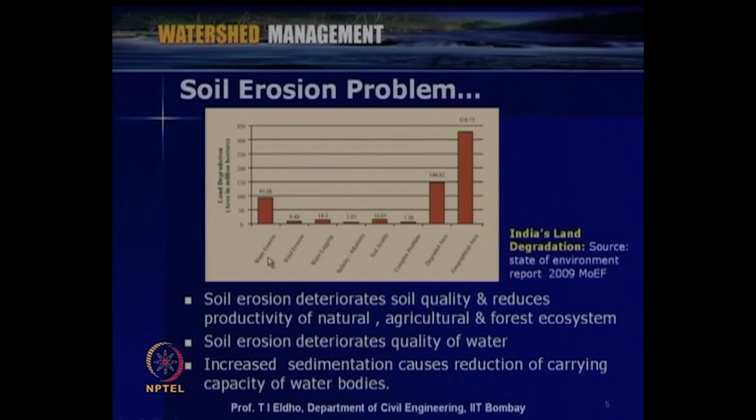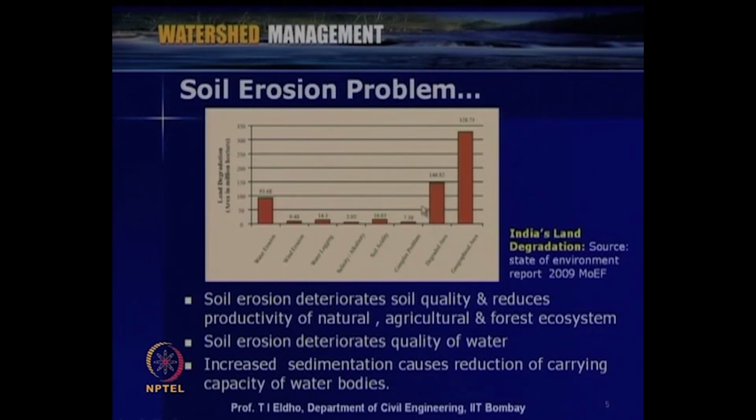Here you can see that water erosion is a problem for about 94 million hectares, wind erosion affects about 10 million hectares, water logging about 14 million hectares, salinity 5.95 million hectares, soil acidity about 16 million hectares, and then many other complex land degradation problems you can see.